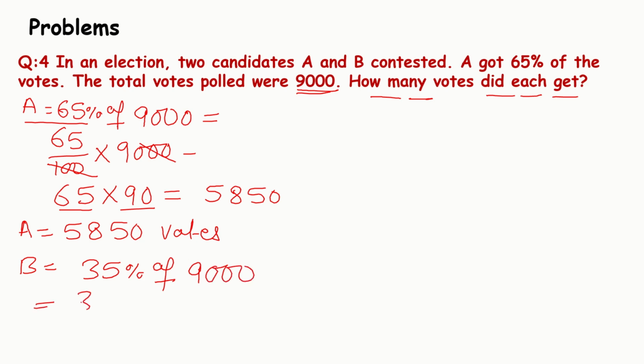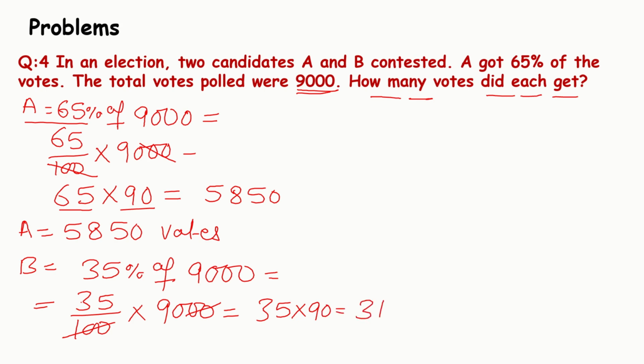So 35 over 100 times 9,000 equals, these 0s will be cancelled with these 0s, and we are left with 35 times 90, and this calculation will give us 3,150 votes. So B has got a total of 3,150 votes and A has got 5,850 votes.